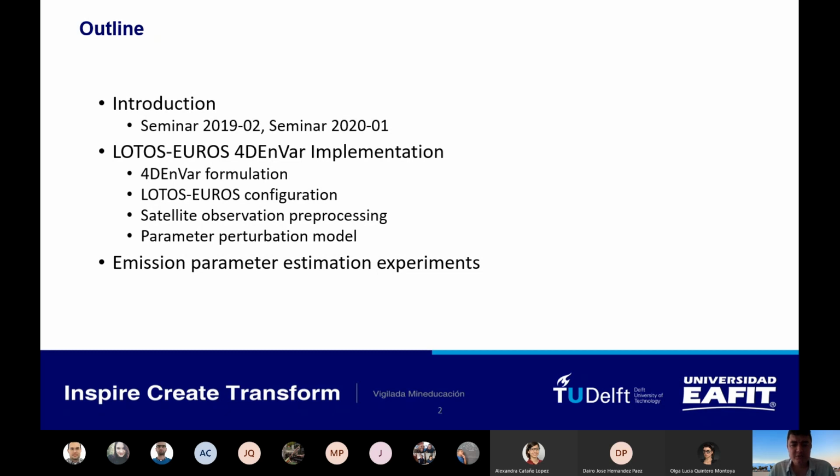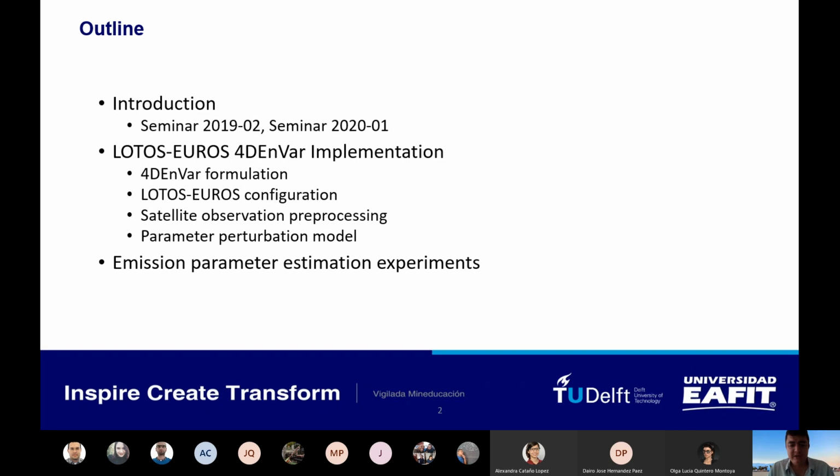Then the Lotus Euros configuration I made for this implementation, some important aspects about the satellite data, which is the data that I'm using to assimilate, and the considerations for the parameter perturbation model, which is the model I use to propagate the noise of the parameters and then get the uncertainty values to modify in my estimation process.